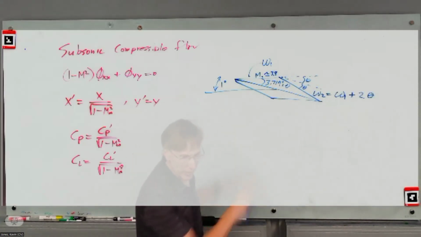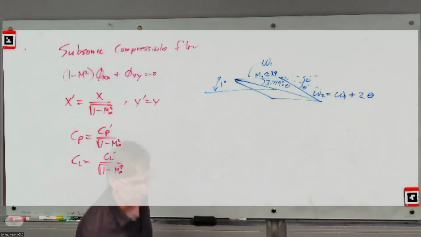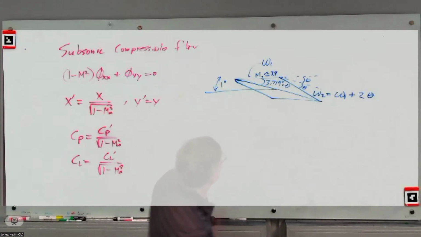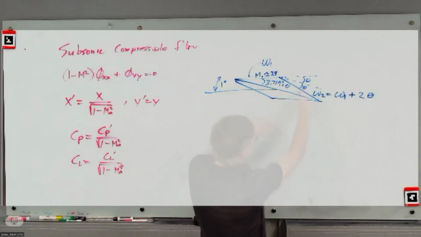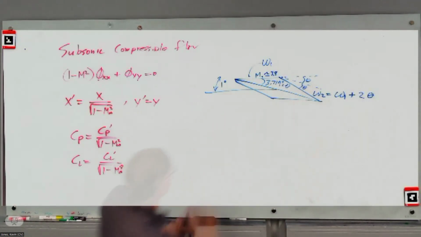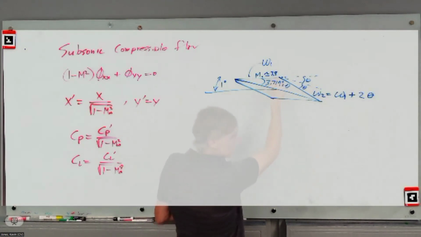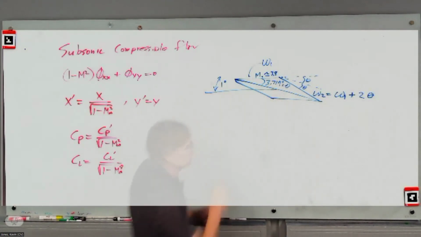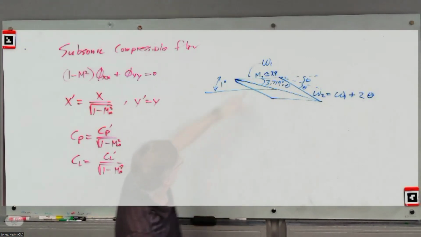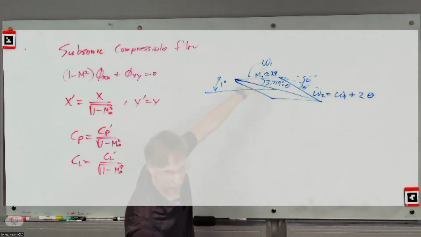I think I had sketched this on the board, but poor guys online, I forgot to show it to them. And if it wasn't symmetric, then the 2 betas might not be the same. But anyway, it's the delta change in angle that matters. I don't care what the free stream angle is. But how do I get omega 1?